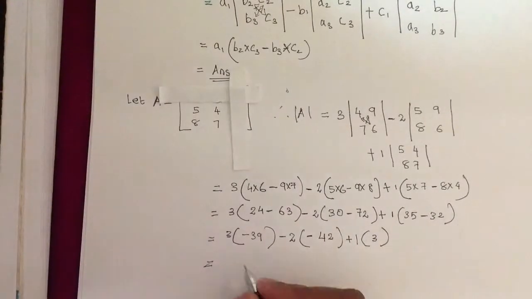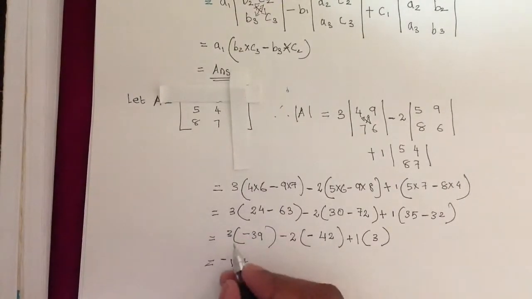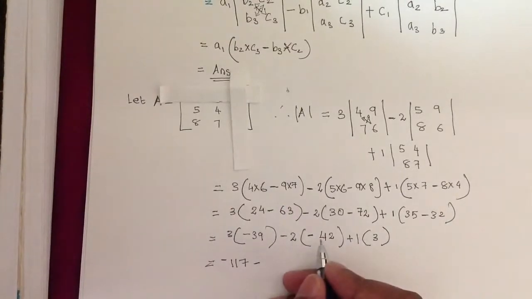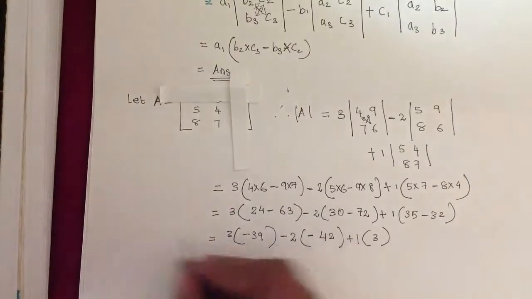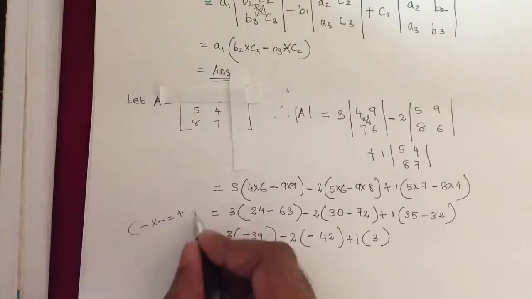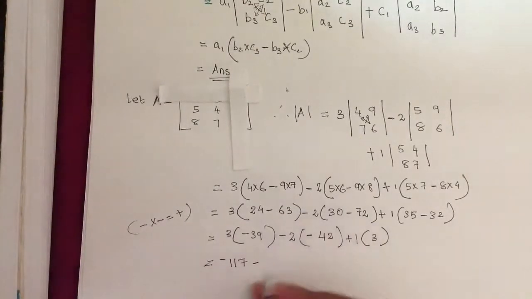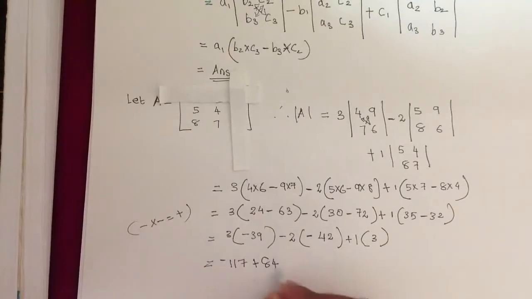So it is equal to 3 into minus 39, and the answer will be minus 117, because plus into minus is minus. Then minus 2 into minus 42: minus into minus is plus, so it is plus 84.